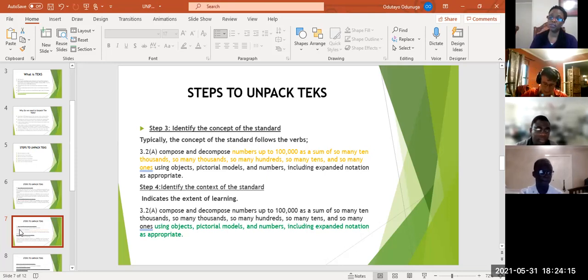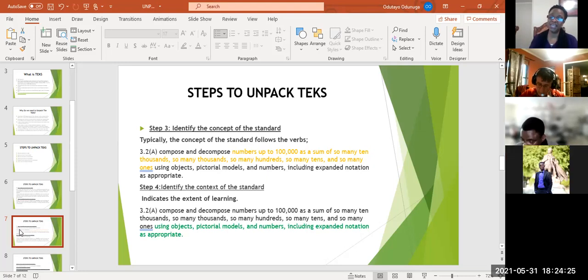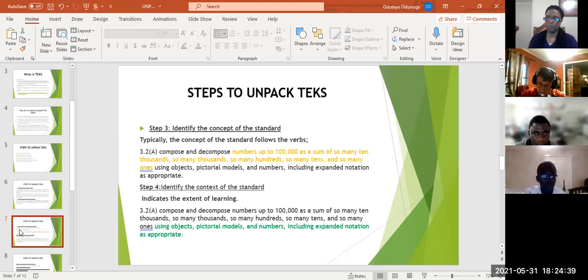So that is the goal in third grade math, for them to be able to do as much as possible with their numbers up till 100,000. Because when they get to fourth grade, they're taking it to a million. So imagine a student that cannot do anything with a number up to 100,000. How do you expect that student to be able to work with 1 million?